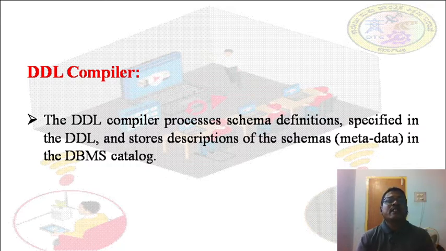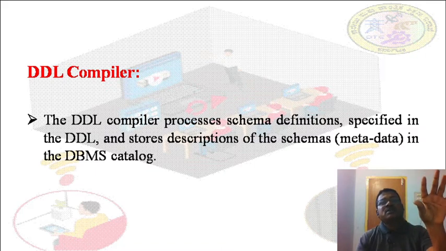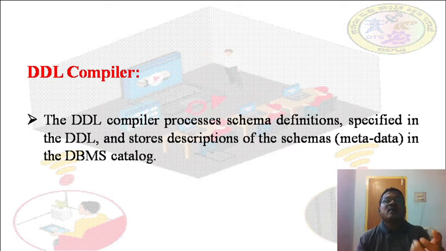The DDL compiler processes schema definitions specified in the DDL and stores the description of the schema, or metadata, data about data, in the DBMS catalog. That means we have defined the structure of the database and those statements will be processed by the DDL compiler.